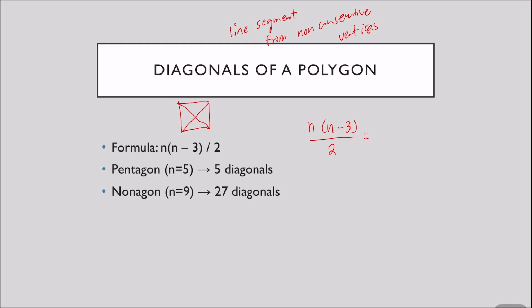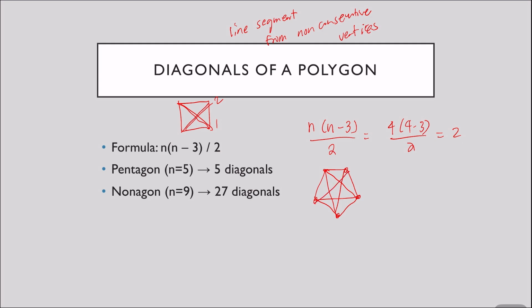So, for a square, 4 times 4 minus 3 all over 2. 4 minus 3 is 1 times 4 over 2 is 2. Two diagonals indeed, no? 1 and 2. For a pentagon, 5. I think we drew this earlier, but let's just write it down. These are your vertices, 2, 3, 4, 5. So, connect this, connect this, connect this, connect this, connect this. You have 5 diagonals.